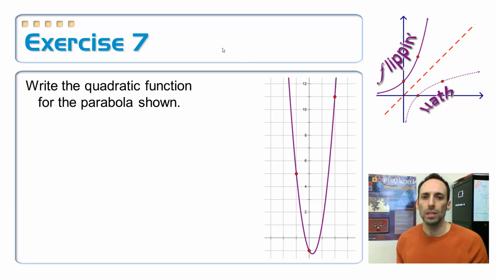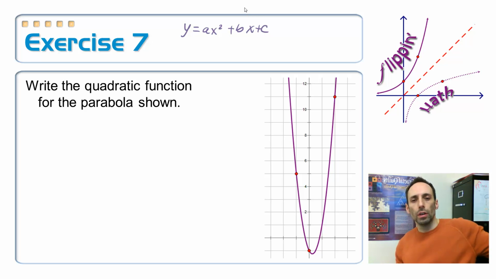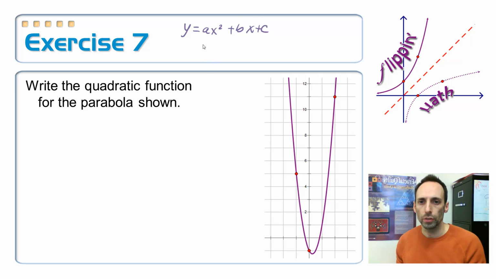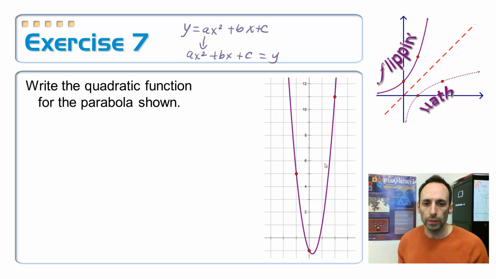Since we're going to put this into a matrix, rather than write this as y equals ax squared plus bx plus c, we usually have the equal sign on the far right-hand side whenever we're putting it into a matrix. So instead, write this as ax squared plus bx plus c equals y. Kind of unconventional, right? But it's going to help you out when you put it into your calculator.